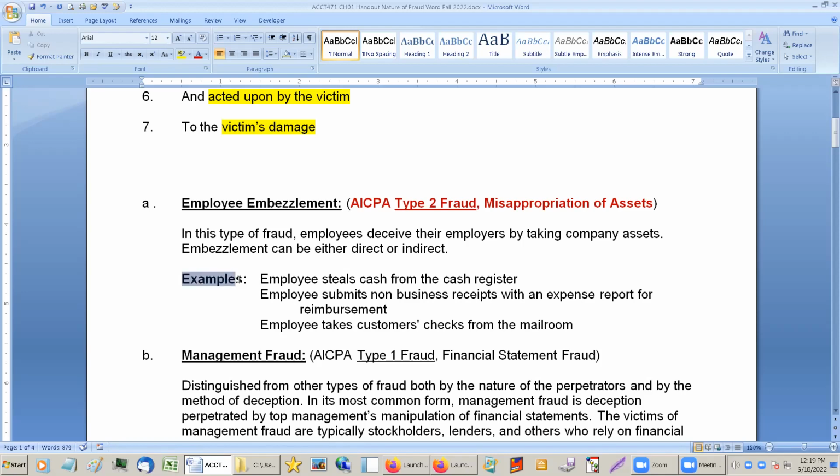Some examples: an employee takes cash from the cash register. A very common one is an employee submits non-business receipts on an expense report to be reimbursed. For instance, I go on vacation with my family and I submit those expenses as if they are for the company, like vacation expenses, something that has nothing to do with the company.